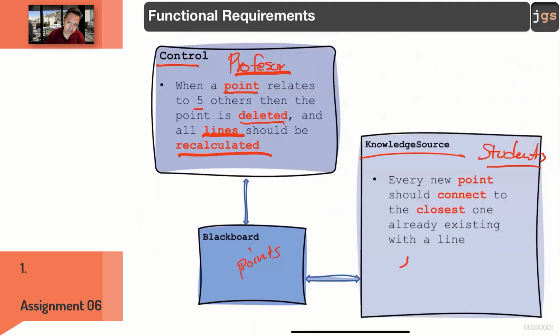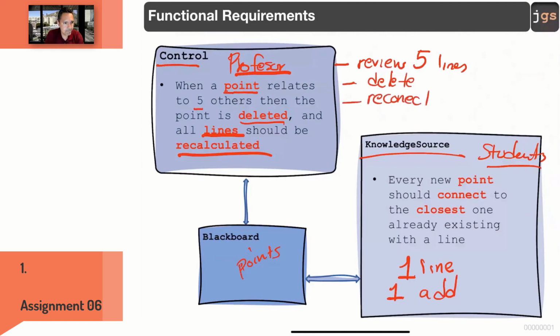Only one line when we add one. This one is always reviewing. Review for 5 lines. Delete and reconnect.